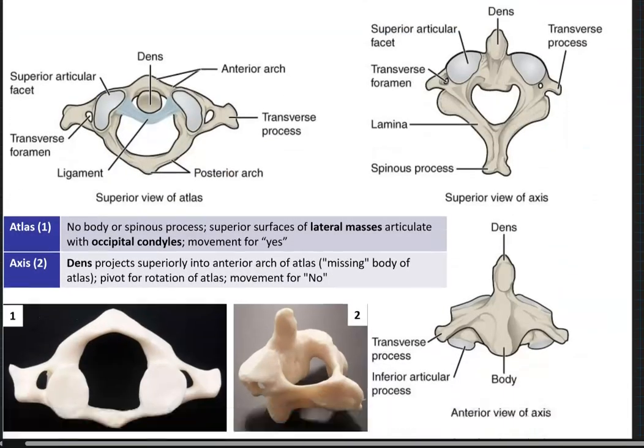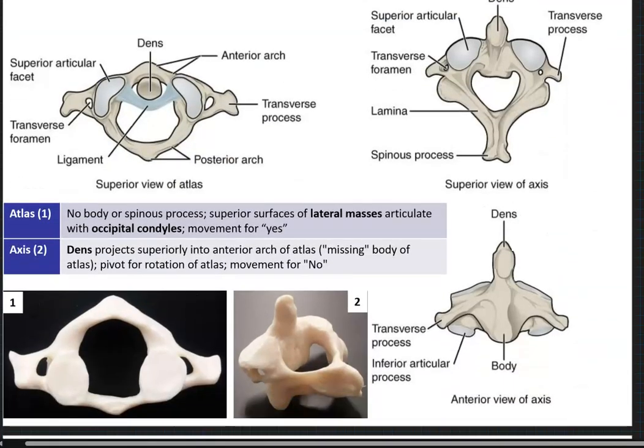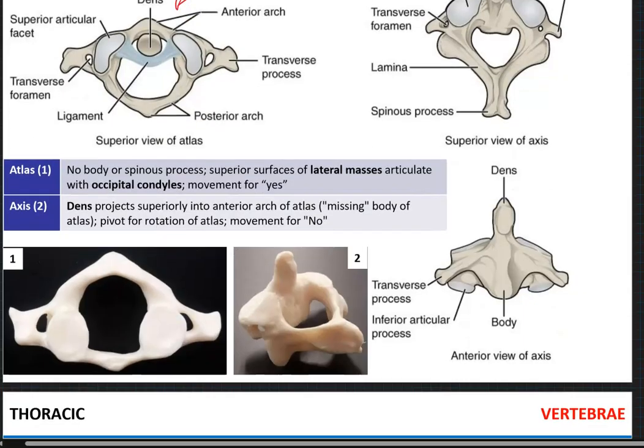Now these two, and I can tell you, all the images from the study guide will be on the exam, and a lot of them are in this PowerPoint. So first of all, this is the atlas, the first cervical vertebra that forms an articulation, a joint, with the occipital bone of the skull.